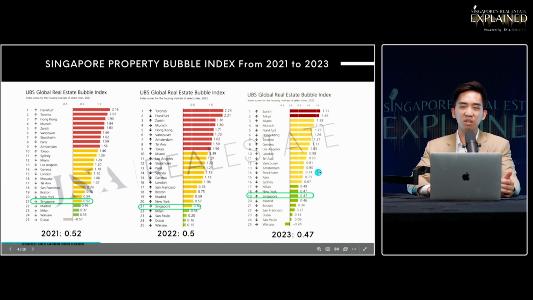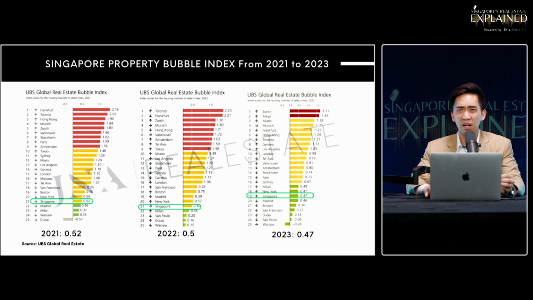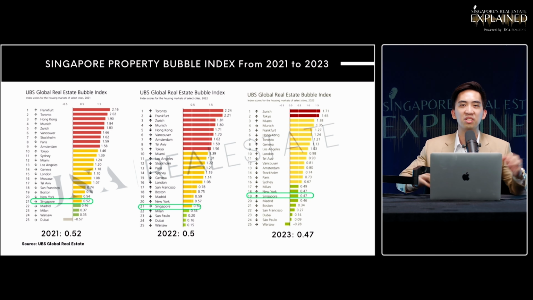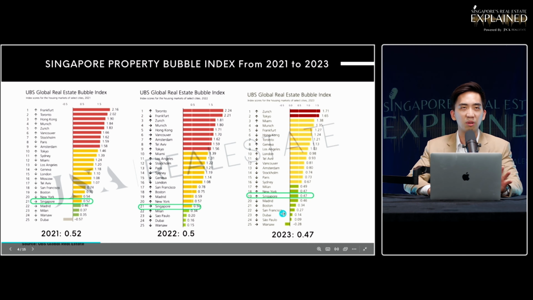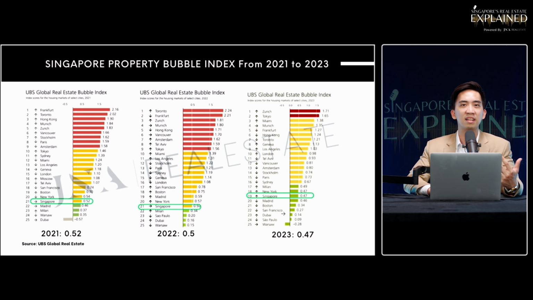And in 2023, even though the property market from 2020 all the way to 2023 went up by 60+% for the private market, what we notice is that the Singapore property bubble actually shrank and is now fair valued at 0.47. Later we'll break down the numbers for different countries, but this is one thing that we trace very carefully, which means the Singapore property bubble is close to non-existent.